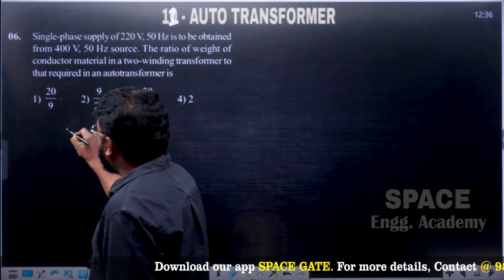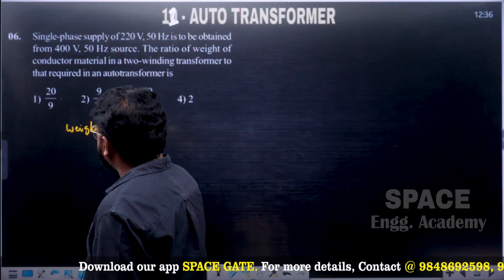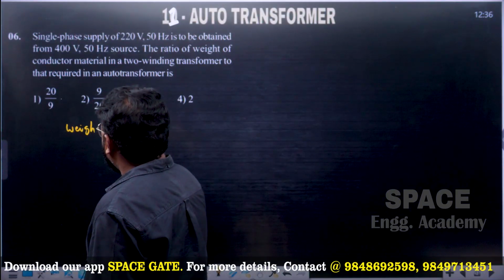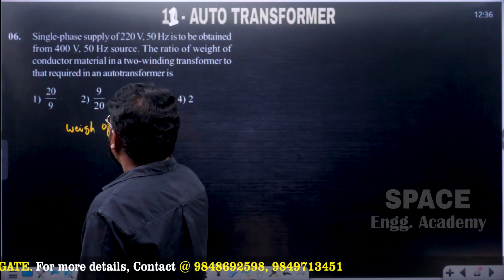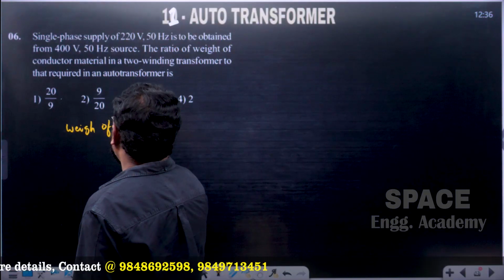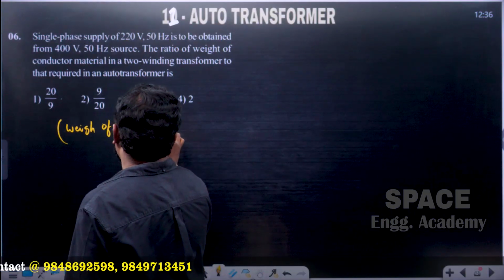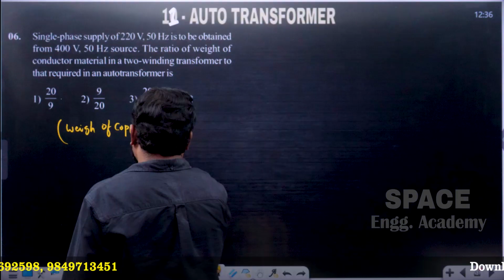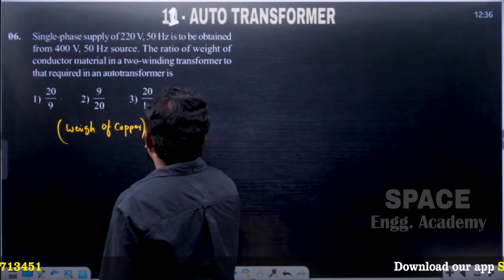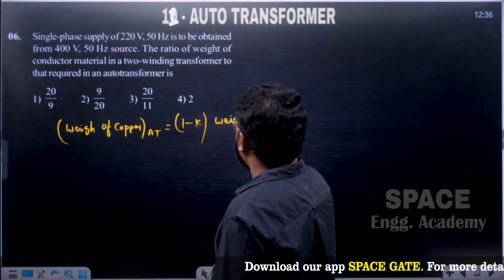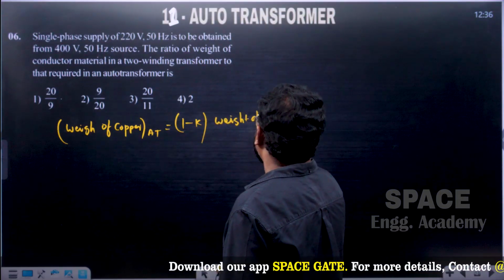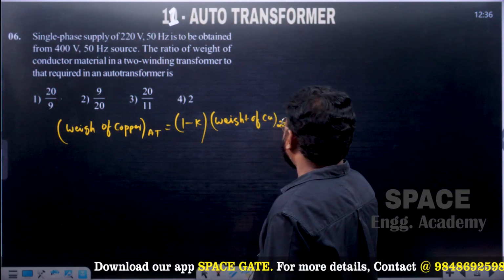We know that the weight of the copper material in the auto transformer is equal to 1 minus K times the weight of the copper in the two winding transformer.